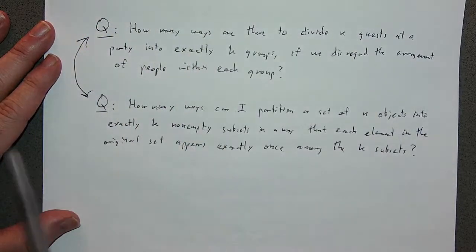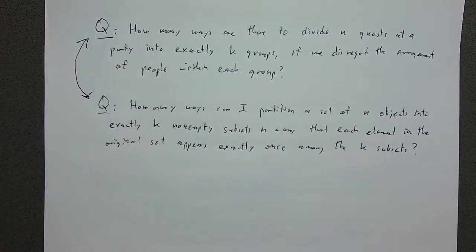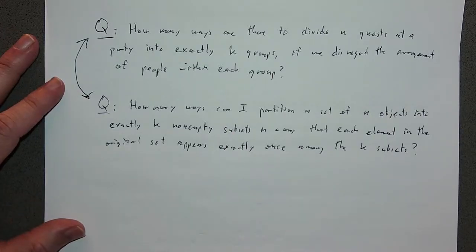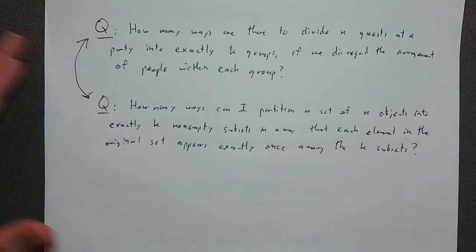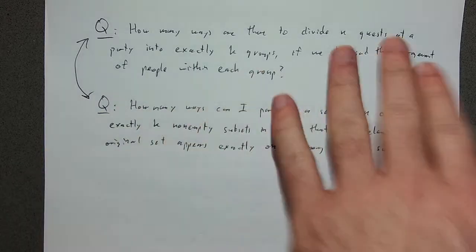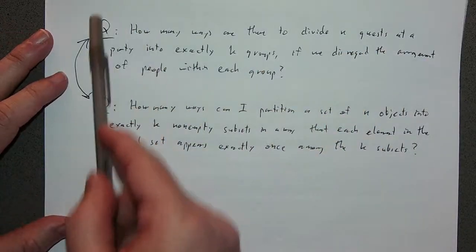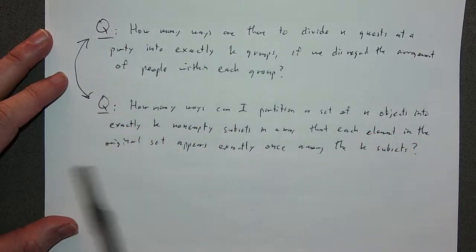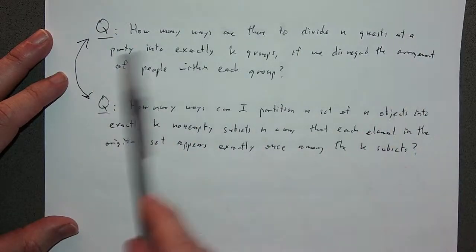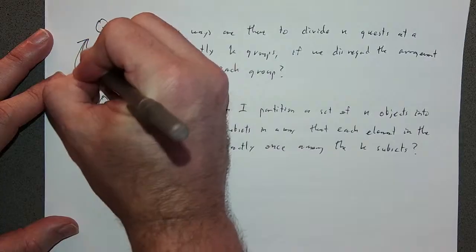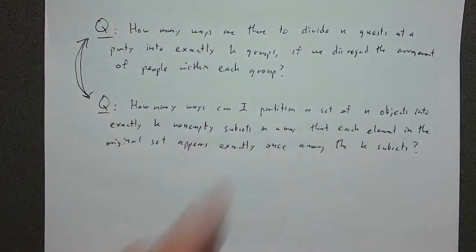I've just rephrased this one to be something you would ask people at a party versus something a little bit more mathematical. But this makes it easier for us to see how to approach this.